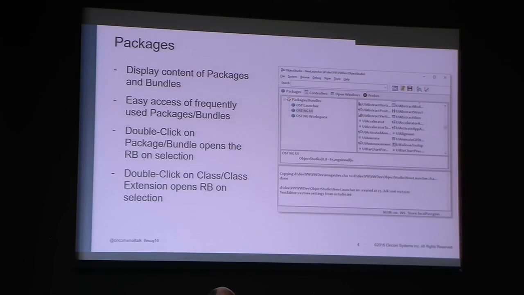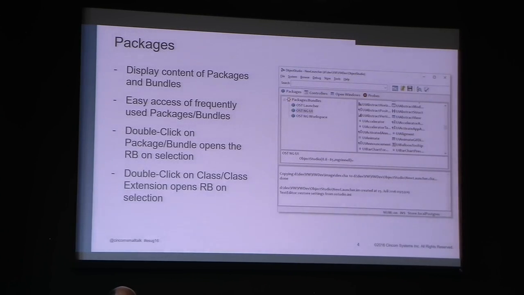The first page, the first tab that you get when you open the new launcher by default is the Packages tab. So you have the tabbed interface here, as you can see, and I'm talking about the first tab right here about the packages. It displays the content of packages and bundles, sub-bundles, everything.